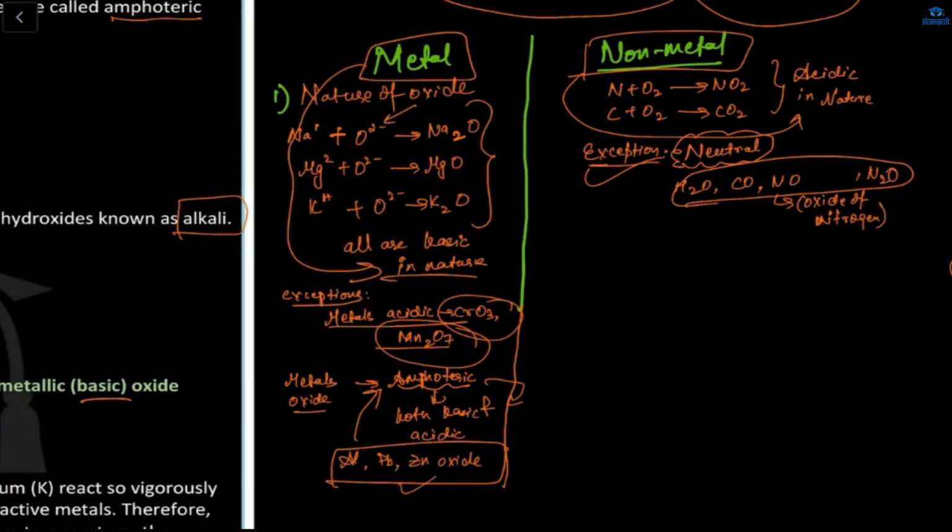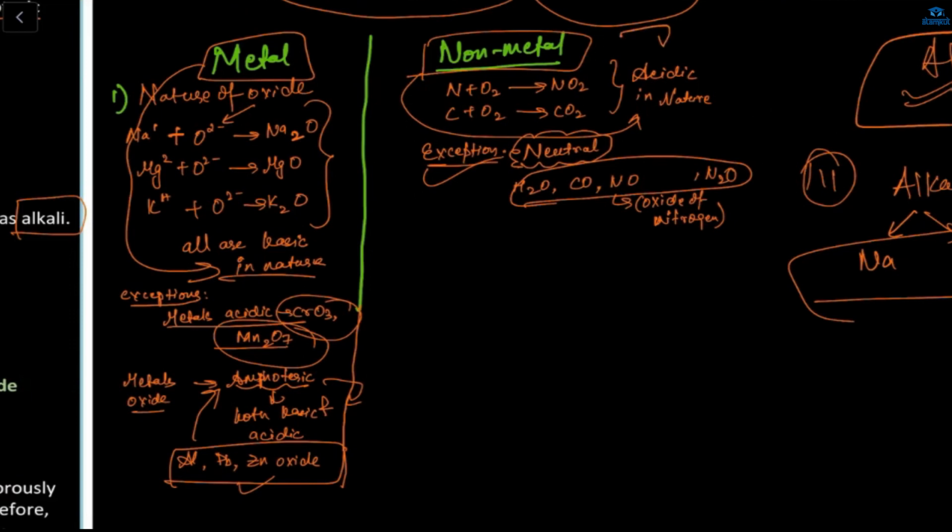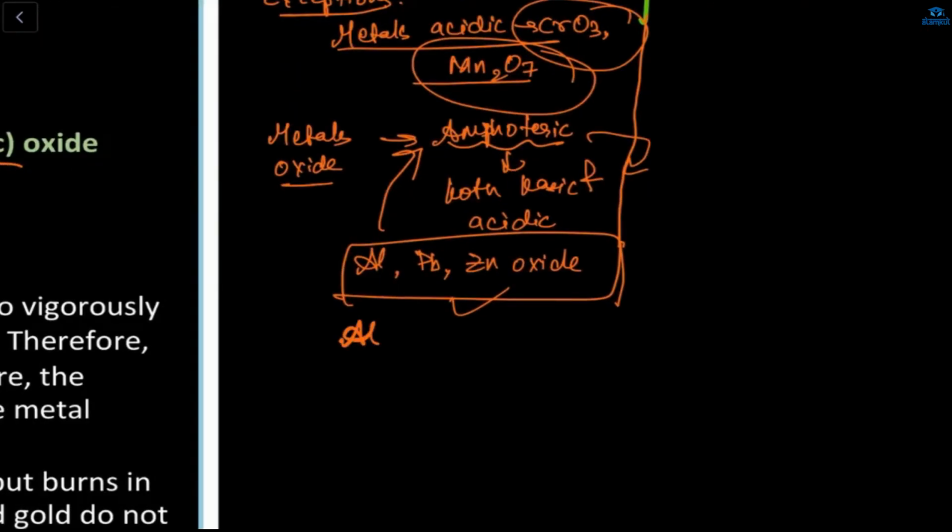In non-metals, the nature is acidic, and the exceptions are neutral, meaning not acidic nor basic. So these four examples are the exceptions of non-metals. Okay, understood? Yes, ma'am. Here, aluminium oxide means Al2O3, zinc oxide means ZnO.